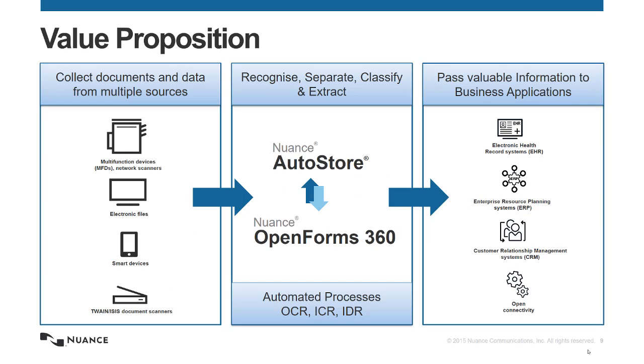So going back to where we started, and we're looking at the actual proposition. The proposition that we've discussed within this e-learning is the value proposition of using AutoStore with the OpenForms 360 add-on to collect documents and data from multiple sources, to recognize, separate, classify, and extract information using automated processes of OCR, ICR, and IDR to get that data into business processes where it can be managed efficiently and succinctly before it's passed into business applications.